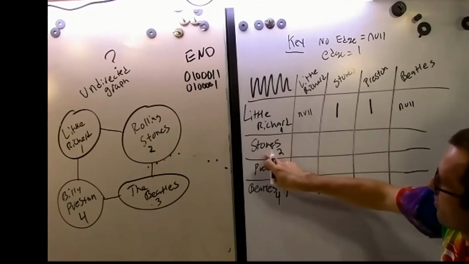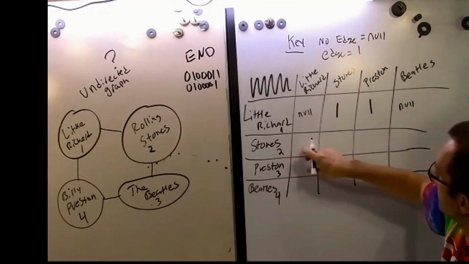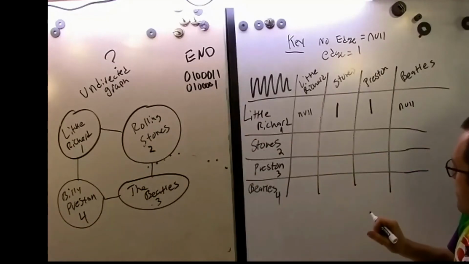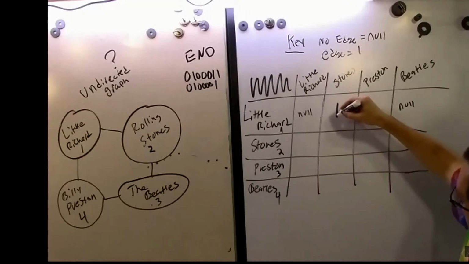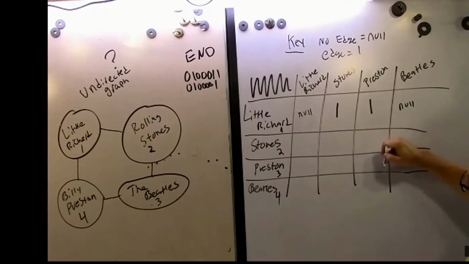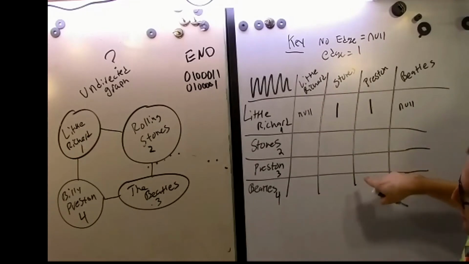Stones. Is Stones connected to Little Richard? Now, because we're doing an undirected graph, what we'll find is that the unity line through this table will not be used.